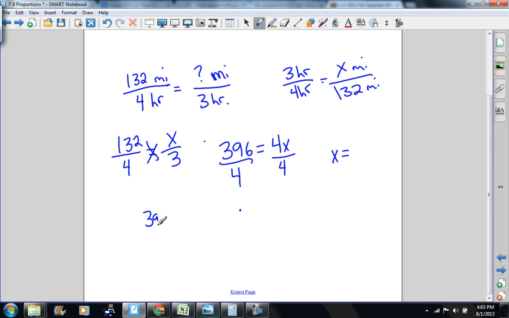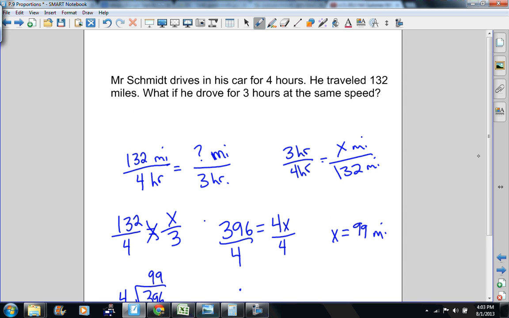So 396 divided by 4. Well, I can do 9 into 36. So that goes like this. And 36 goes down here. And that is another 9. So x is equal to 99 miles. So in 3 hours, Mr. Schmidt could drive 99 miles.